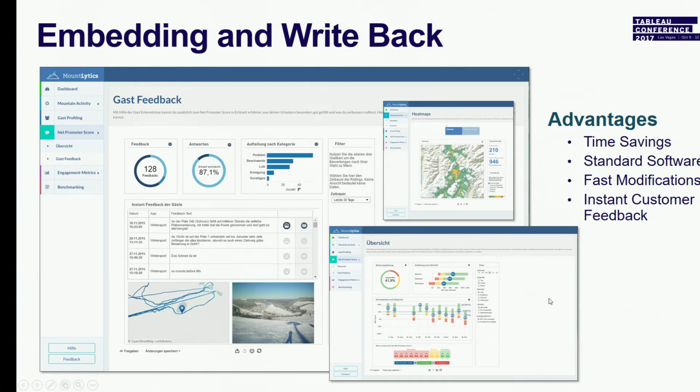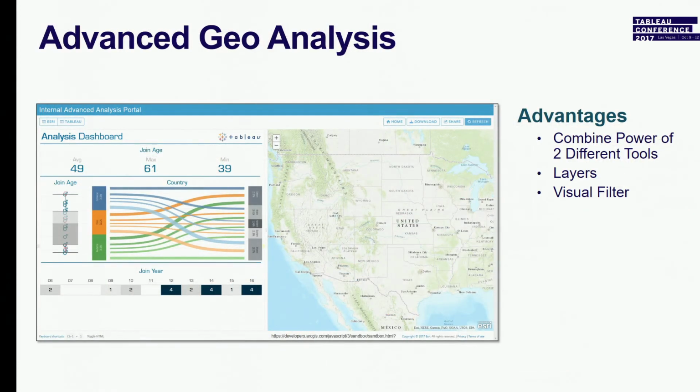They are also offering a write-back possibility to their customers to say, okay, I love that route, I love that place, whatever it is, dynamically. And this down here, by the way, is a nice visualization of a Net Promoter Score, which is becoming more and more popular as an important KPI for many of our clients.